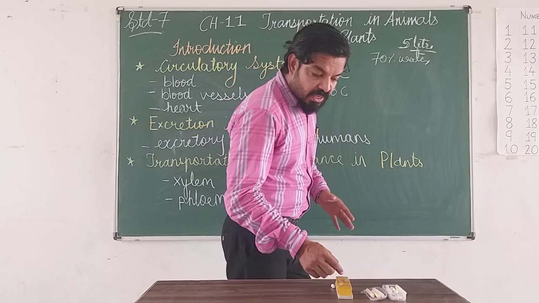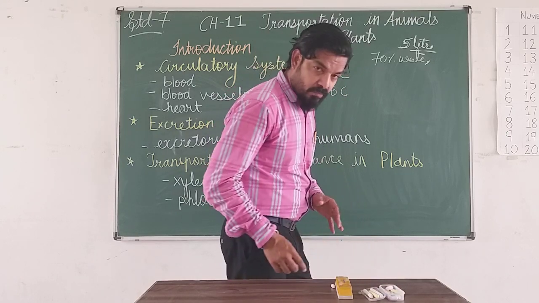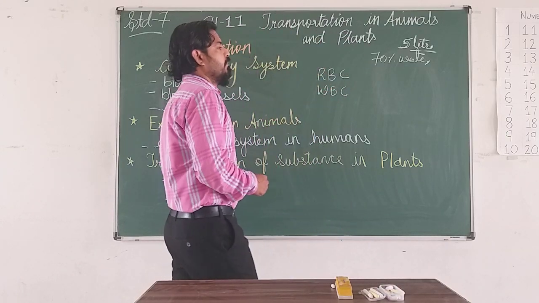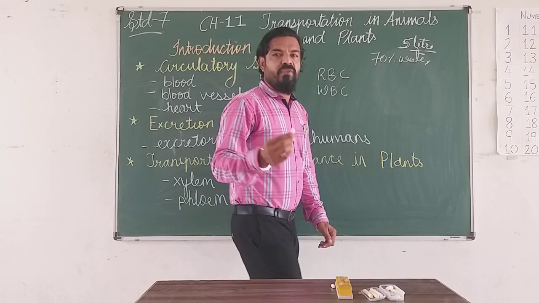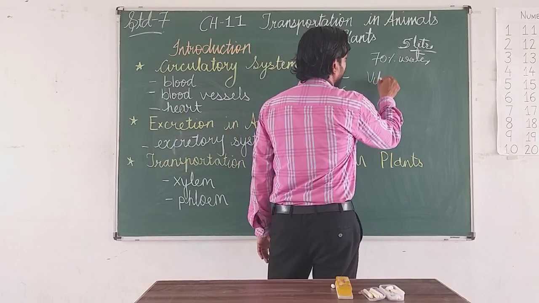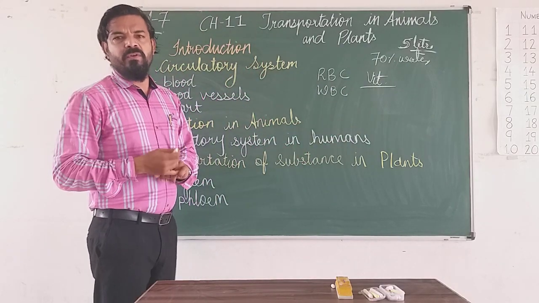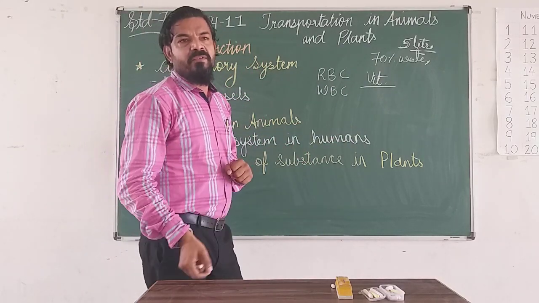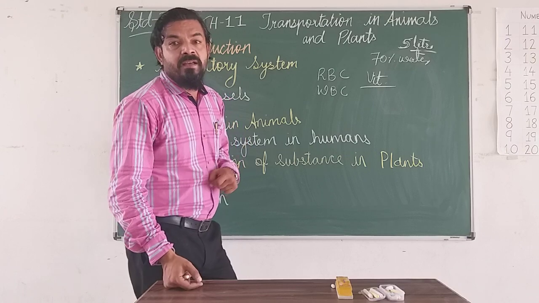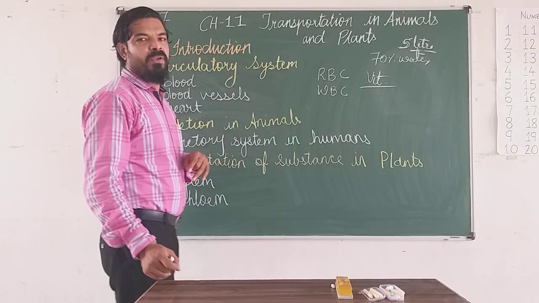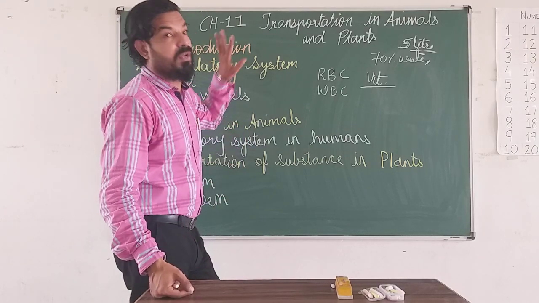So it contains 70% water plus what does it contain? Vitamins. What type of vitamins? All. Vitamin A, B, vitamin C, vitamin D, vitamin E, vitamin K, everything. B1, B12, B13, all kinds of vitamins.